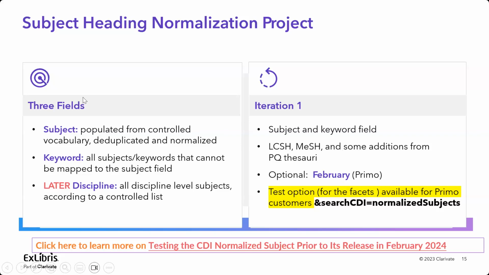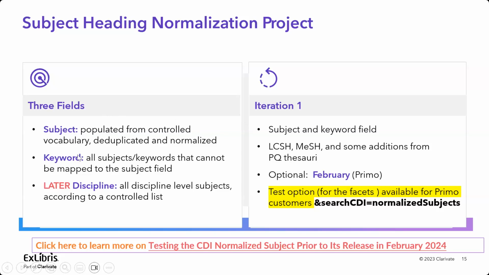vocabularies. So what we are actually doing is trying to map and normalize the subjects, and for subjects that are matched, the controlled vocabulary will be defined and displayed as part of the subject. All others that were not mapped to that controlled vocabulary will be defined in a new field.